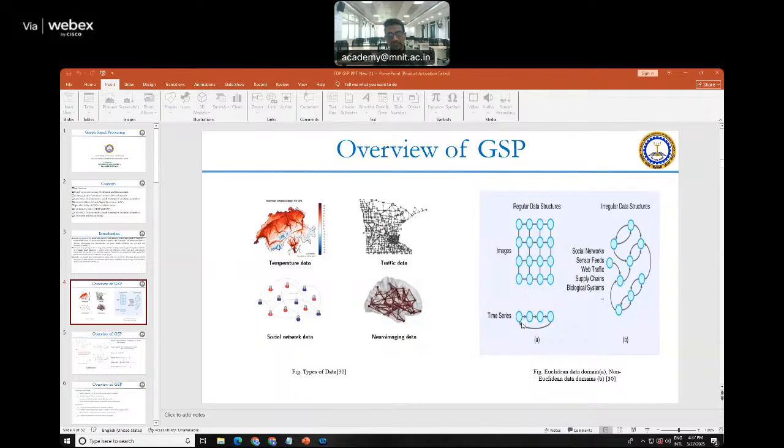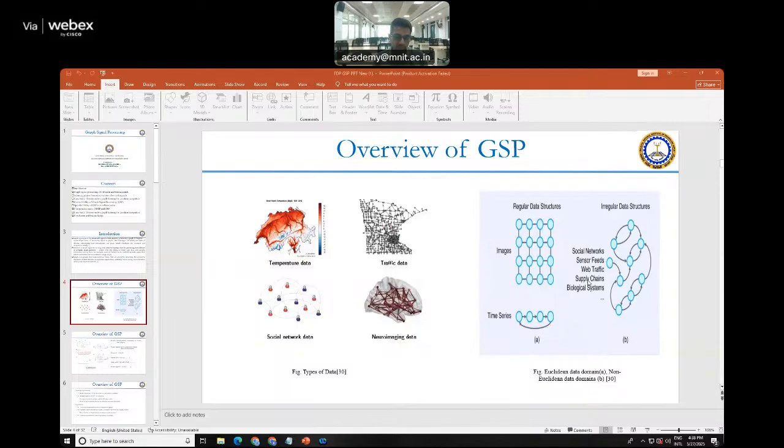Another regular data structure is time series. What do you mean by time series? For example, some event has taken place at t equal to 0, then its value has changed at t equal to 1, and t equal to 2, t equal to 3, and then this value is there. So what we are seeing on the left hand side is a regular data structure. On the right hand side, it is an irregular data structure.